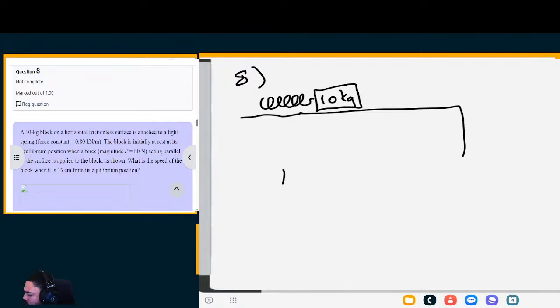So the force constant for the spring K is equal to 0.8 kilonewtons, or rather, let me just write it in newtons. 0.8 kilonewtons is just 800 newtons per meter. That's the spring constant.